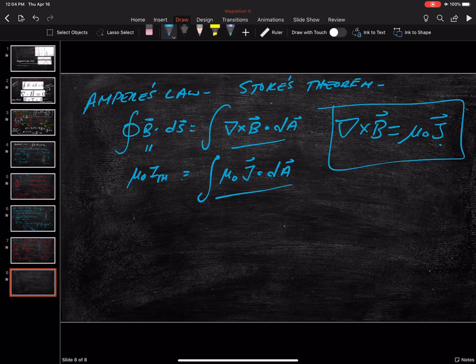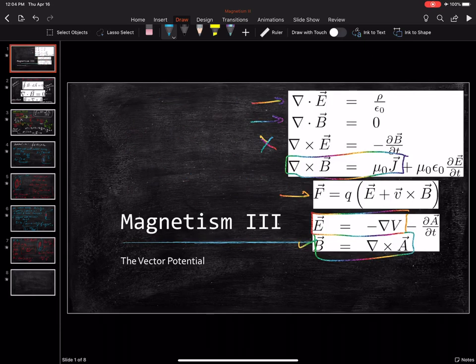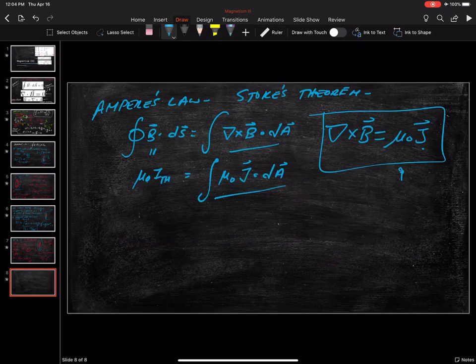This is a good form if you know what B is and you want to figure out what J is. That's very much like this form of Gauss's law for the electric field. This is nice if you know what E is and you want to figure out what the charge density is. It's the same sort of thing.